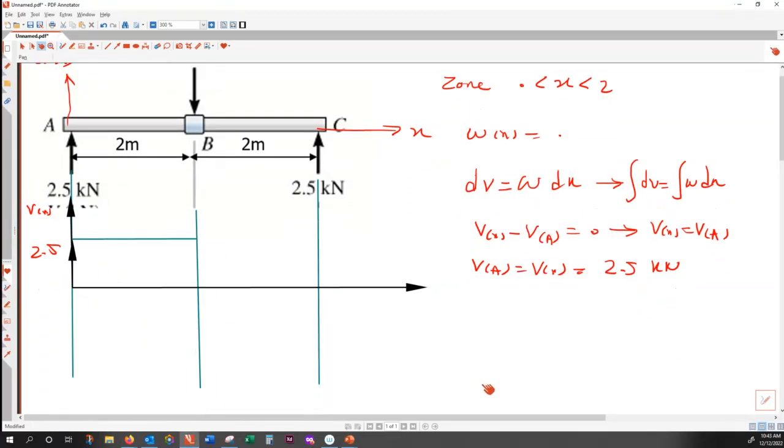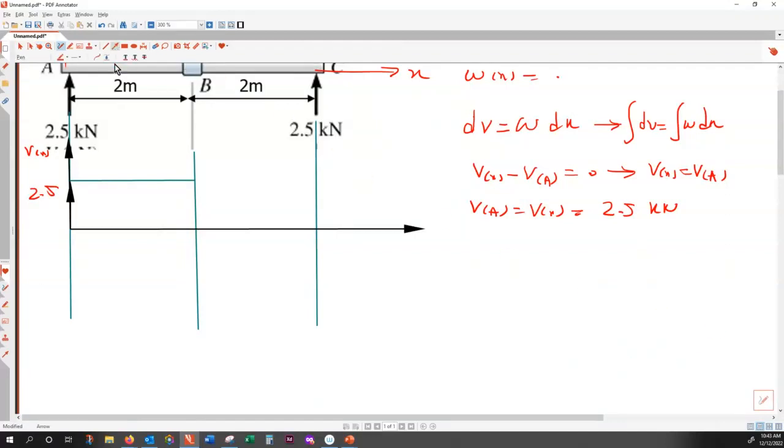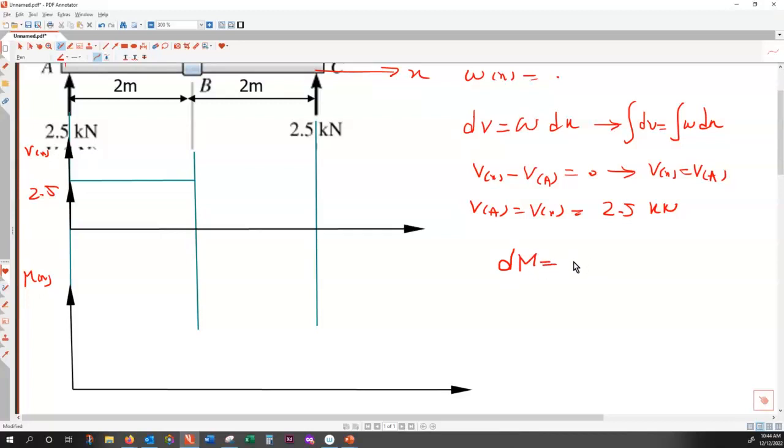And what about M of x? For the first zone, we want to find M of x. I know the relationship between M and V, that is dM is equal to V dx.